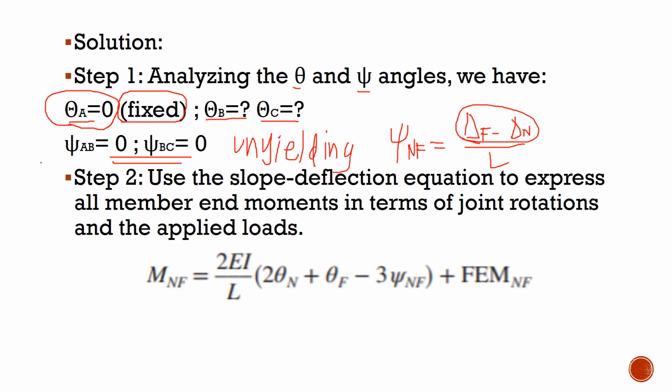Okay? So, as we can see now guys, unsa man lang ang mga wala pay values. So, these two rotations. So, therefore, you have two unknowns. Okay? Two unknown displacement or rotation. Okay, kana guys.